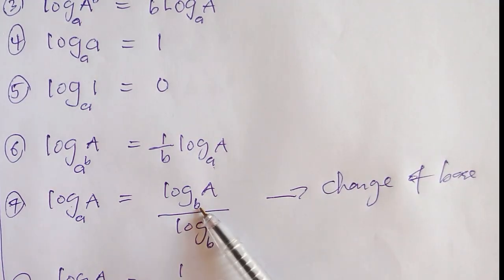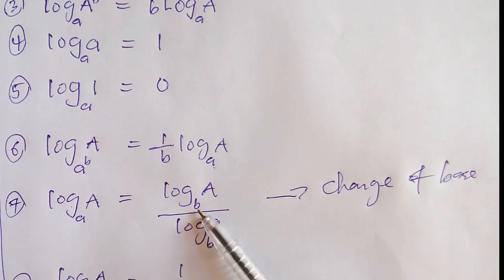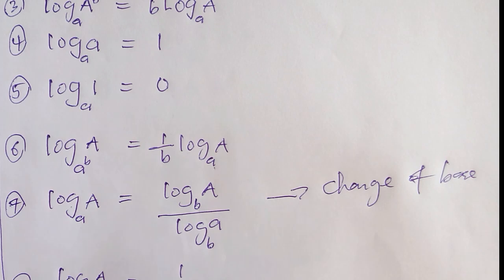Remember, b is always greater than 0. b cannot be 0, and it cannot be negative. Then the last but not the least is log a to the base a is equal to 1 all over log a to the base a.